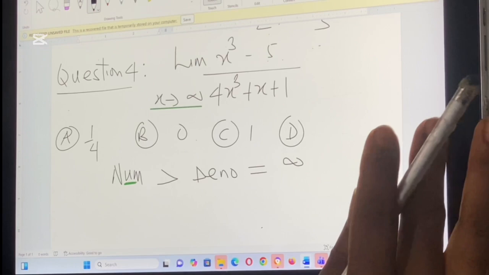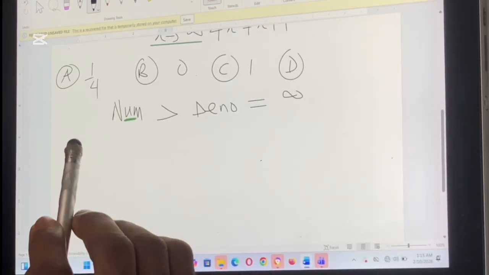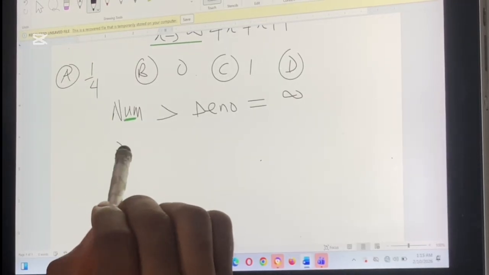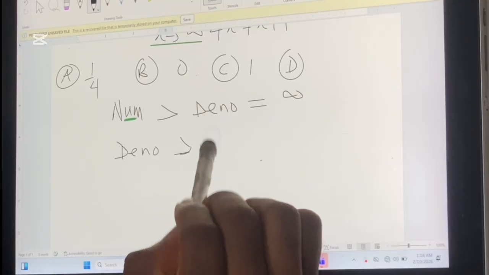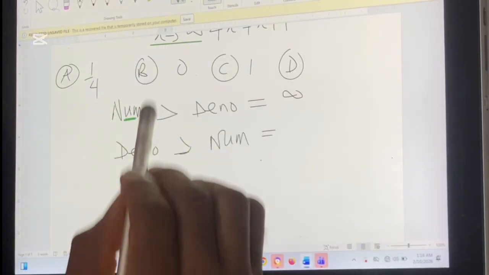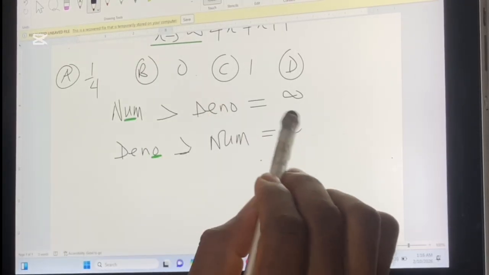Now, the next one: if I have any question on infinity and the power of s at the denominator is greater than the power of s at the numerator, the answer is always 0. Please take note.